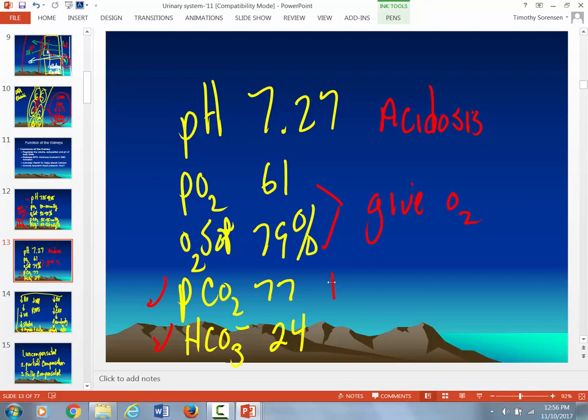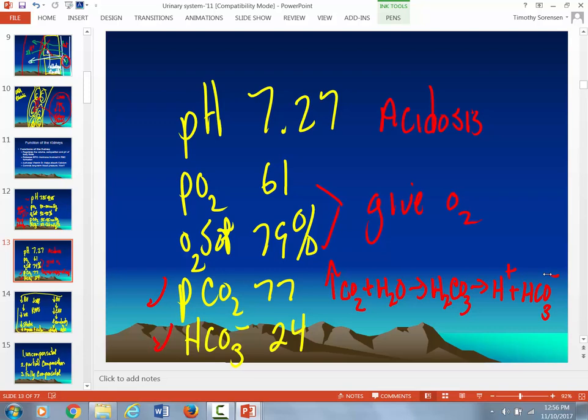It's high. So if the PCO2 is high, it's going to combine with water, form carbonic acid, and it's going to break down to free hydrogen ions. Boom.